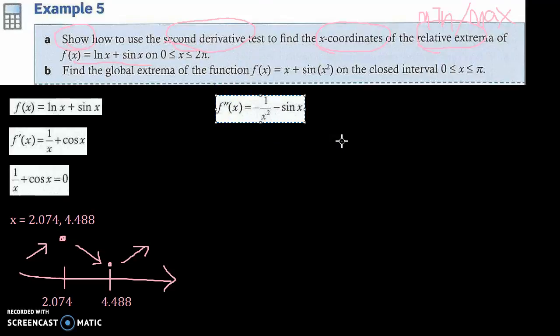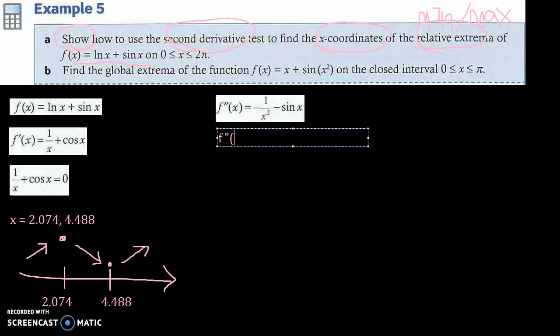The second derivative expression tells us the concavity of my f of x, so concave up or concave down. This is just a quick review.